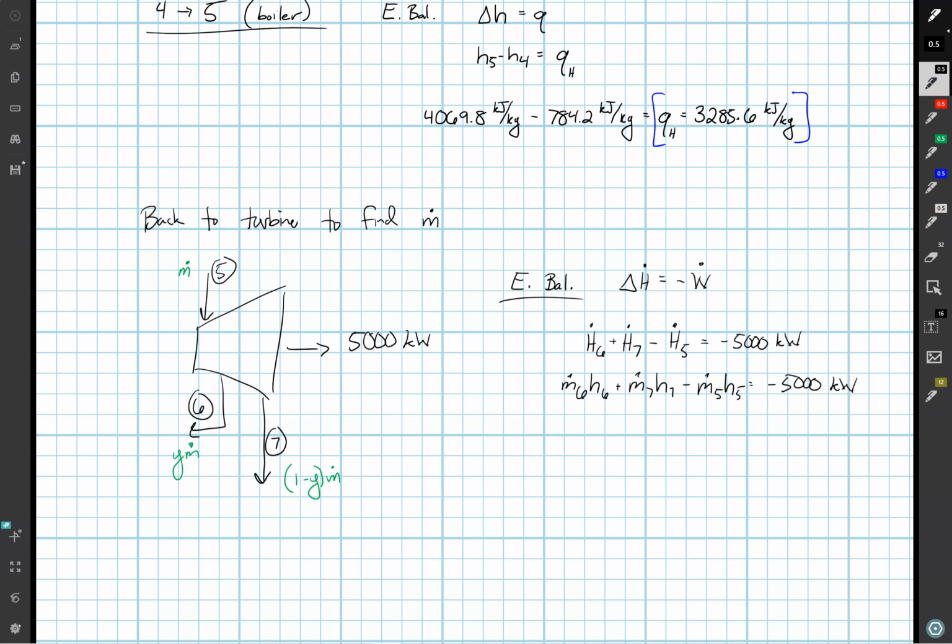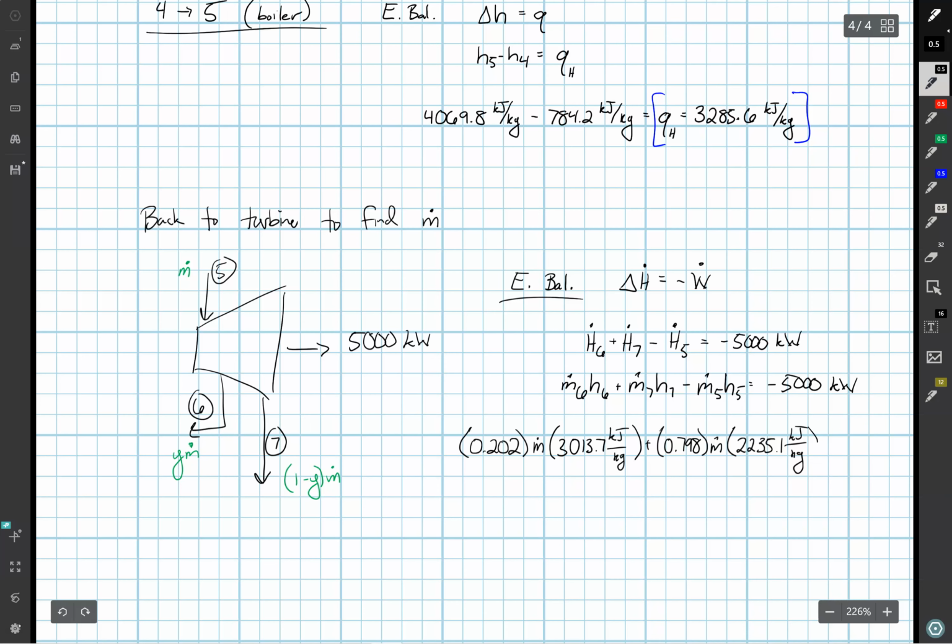So this is 0.202 times total mass flow rate times 13.7 kilojoules per kilogram, plus 0.798, 1 minus y, m dot, times 2235.1 kilojoules per kilogram. That's H7.